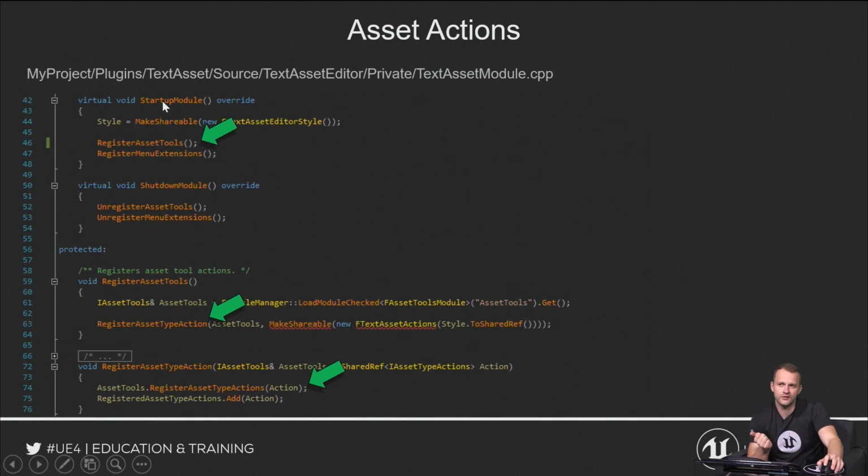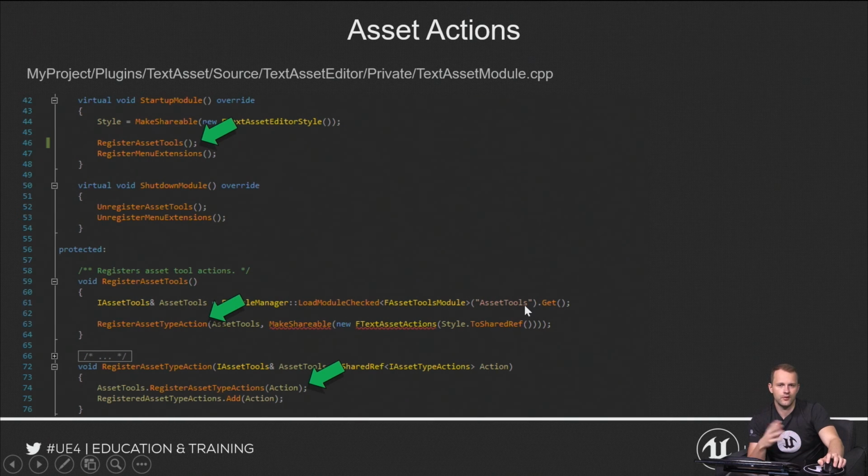You can see that I'm using the StartupModule function to call another little helper function that I wrote for registering the asset tools. And I also have another thing here, register menu extensions, which I haven't implemented yet, so it doesn't do anything. And then the actual registration happens down here, where we basically load the asset tools module.